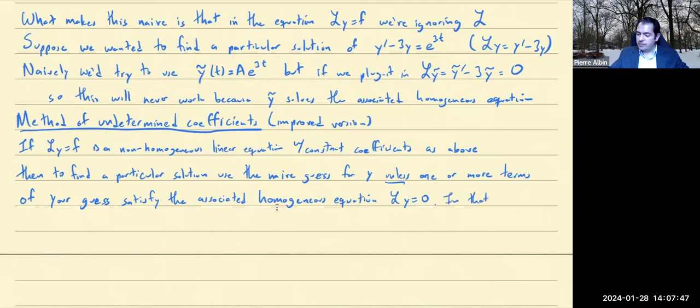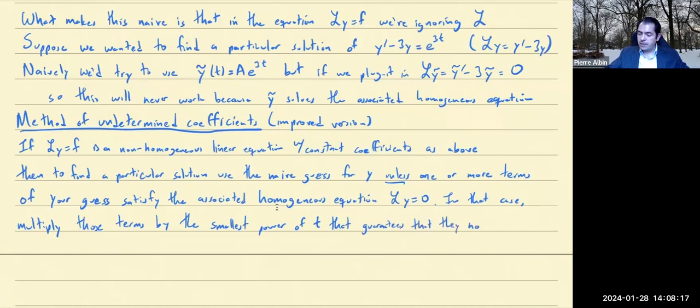In that case, multiply those terms by the smallest power of t. It guarantees that they no longer satisfy the homogeneous equation.